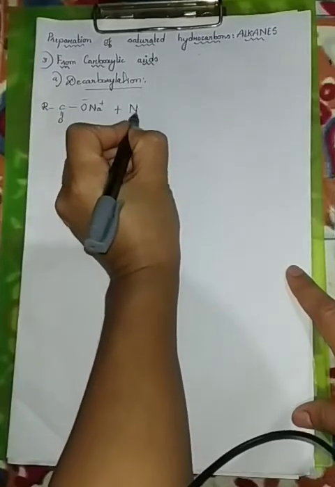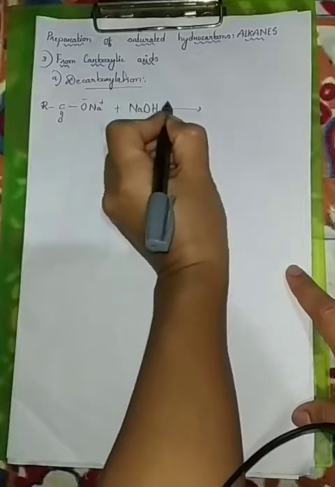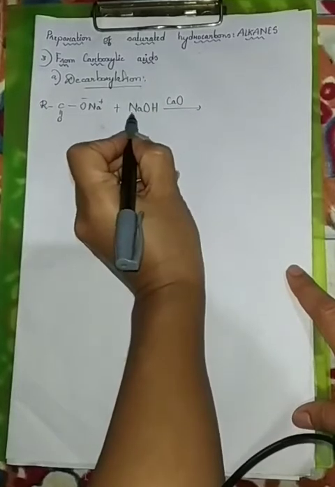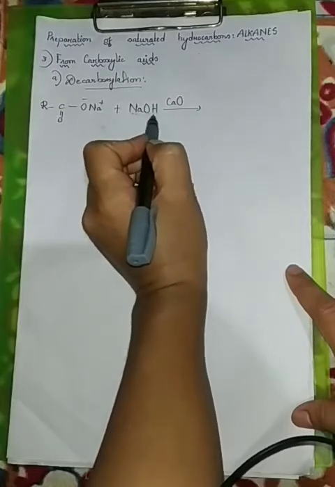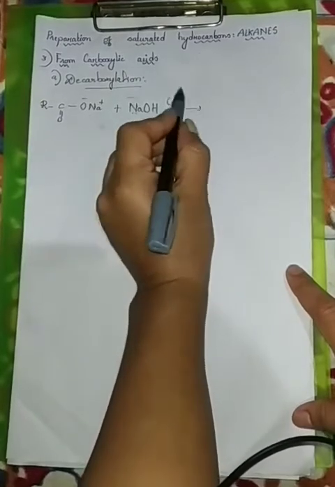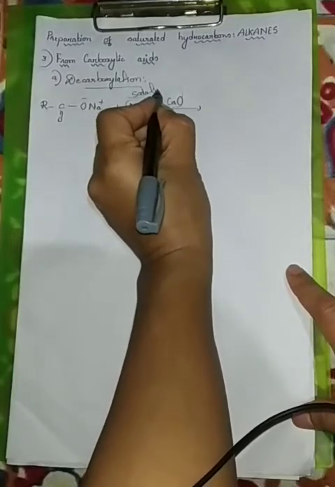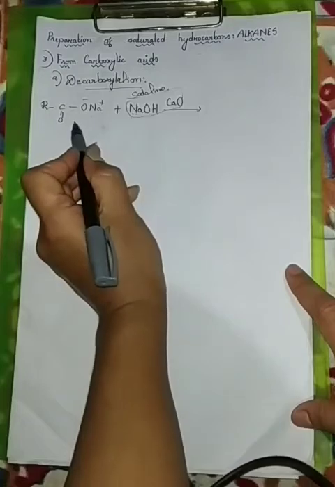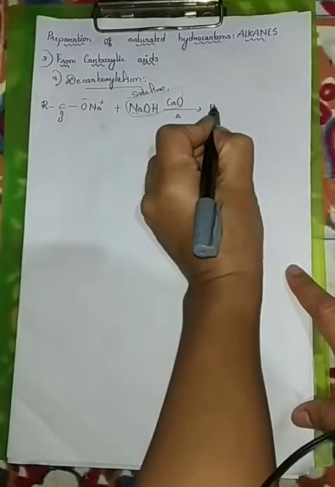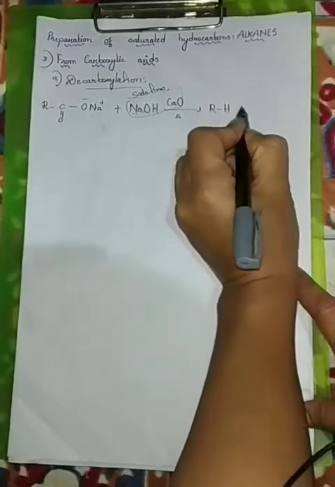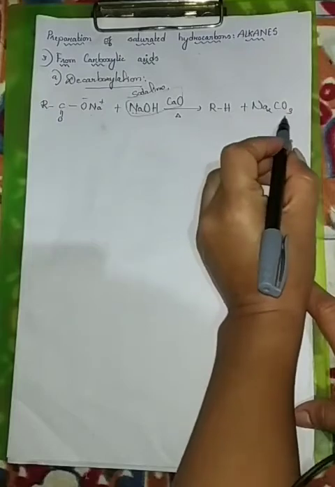When the salt of a carboxylic acid reacts with NaOH and CaO in a basic medium, these two together are known as soda lime. When the salt of the carboxylic acid reacts with soda lime on heating, we get our saturated hydrocarbon with the removal of Na2CO3, known as sodium carbonate.